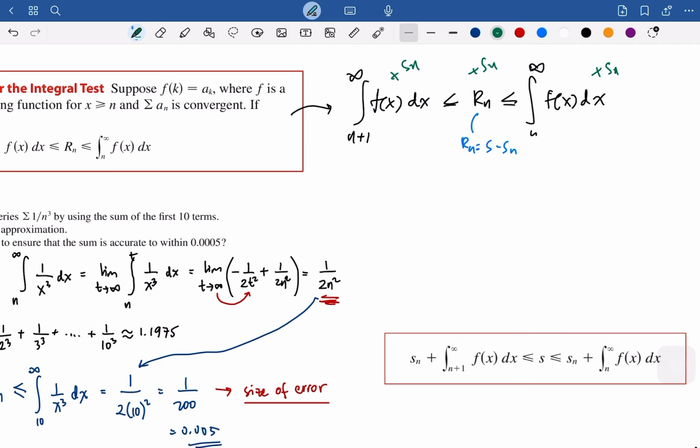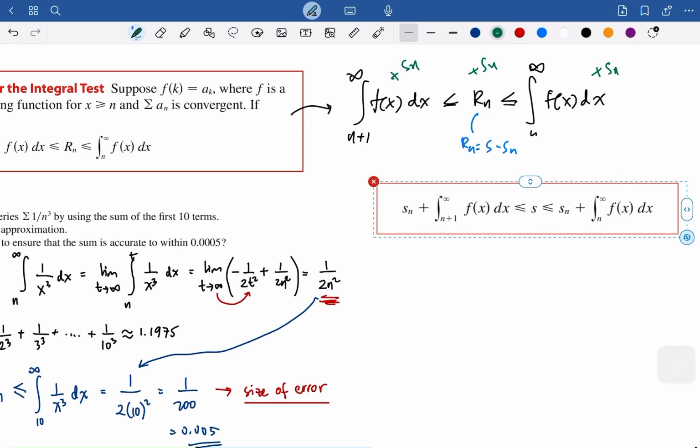Okay. So this could be done. For this example, we are going to have S10 plus, this will be S11 or N11 here. So this will be 10 plus 1, so 11.